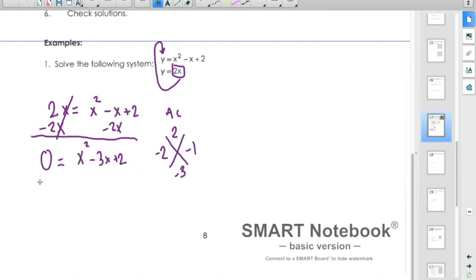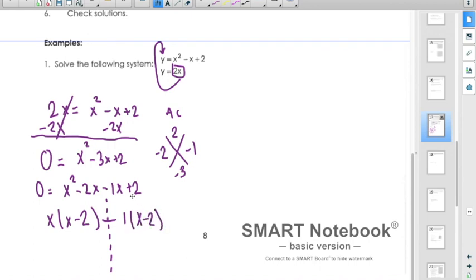So what we get is 0 is equal to x squared minus 2x minus 1x plus 2. And then we bring down our wall, and GCF on this left side would be x minus 2, this sign right here comes down, so it's minus. GCF on the right side would be 1.